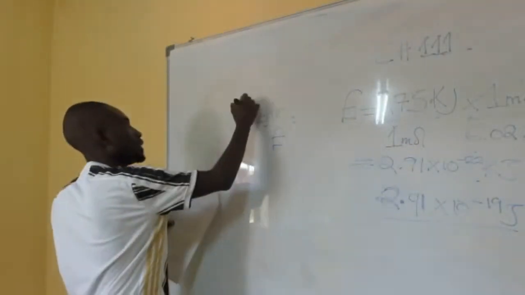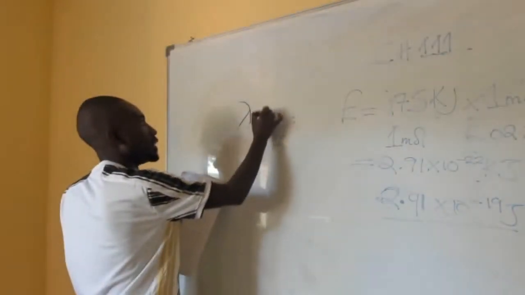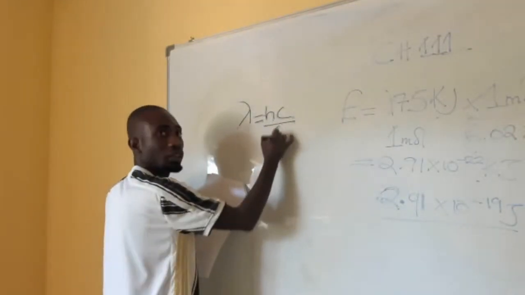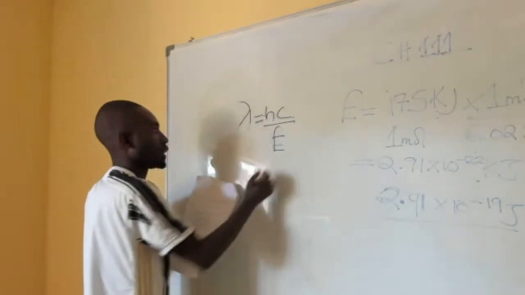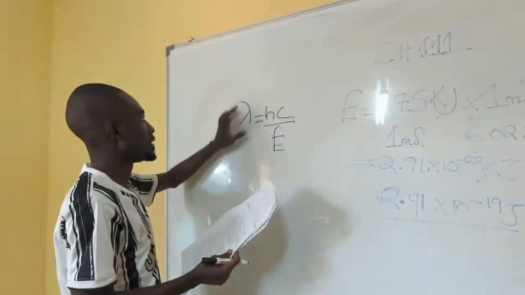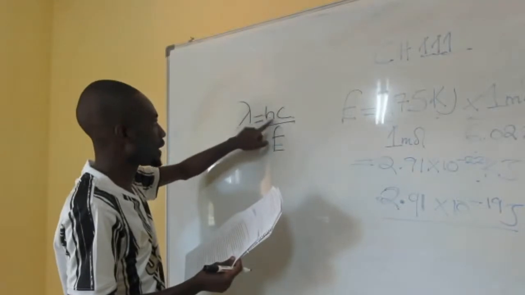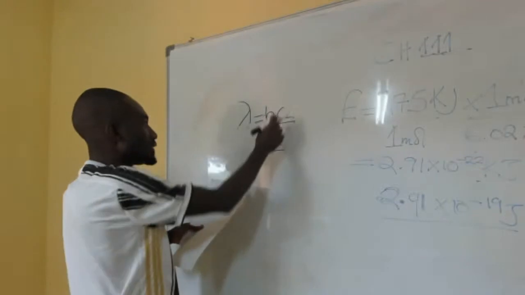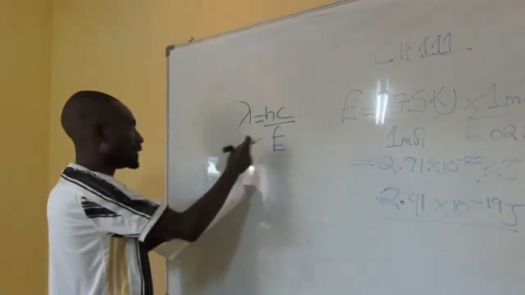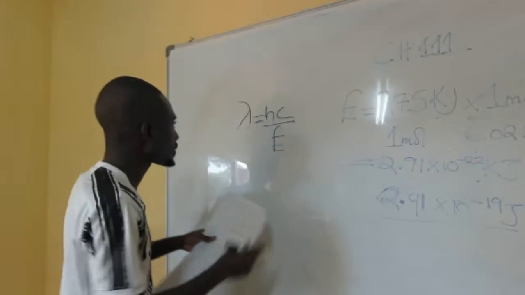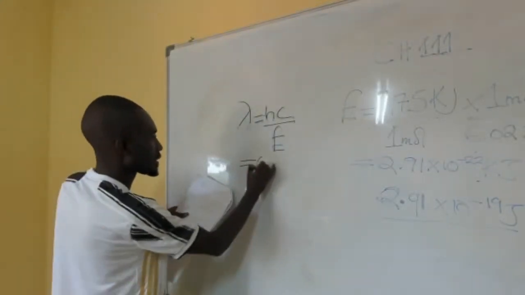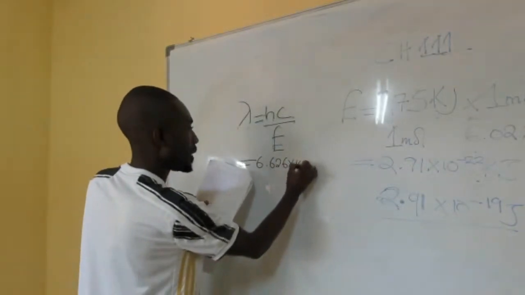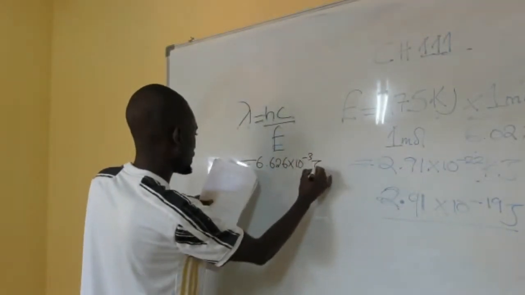That's better. Since you know the Planck's constant, you say 6.626 times 10 to the power negative 34 Js.